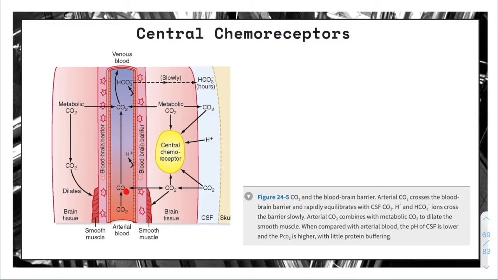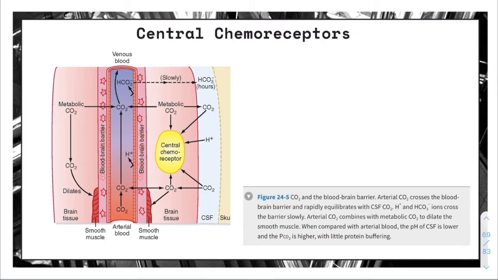Changes in the arterial PCO2, by altering the pH, activate the homeostatic mechanism that can return the pH back to normal. The blood-brain barrier regulates the pH of your CSF by adjusting the ionic composition and bicarbonate of your CSF.